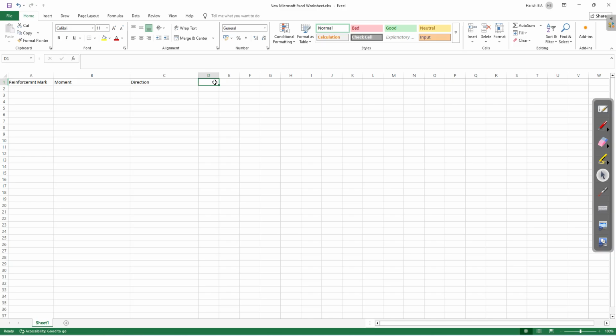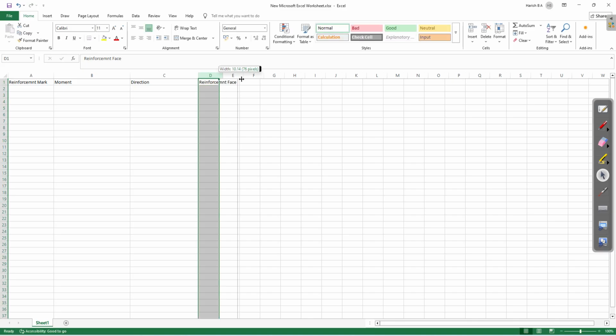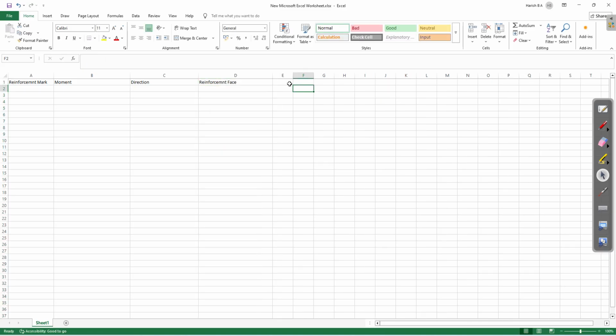Next, it will be reinforcement phase. Okay, so we'll just cut this and I'll use this. Okay, reinforcement phase.